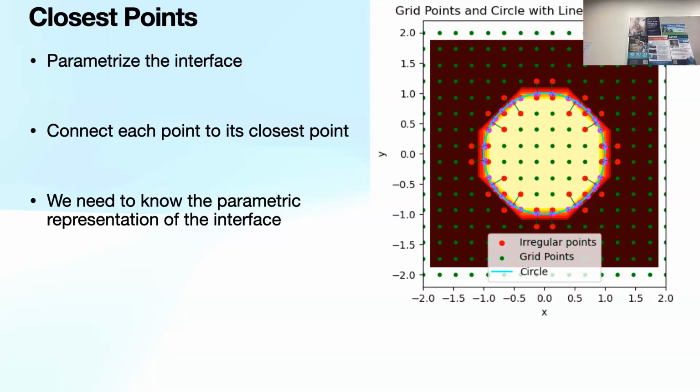For example, if I'm parameterizing a circle, then I define everything in terms of the radius and the angle: x is r cos theta, y is r sin theta. Then I need to know the closest distance from each irregular point to a specific point on that parameterized circle.